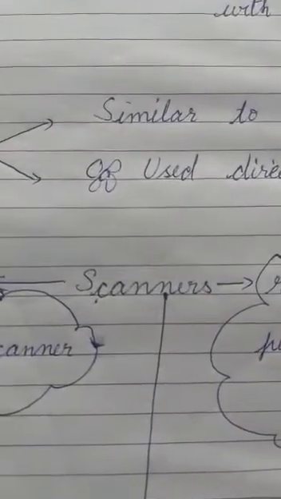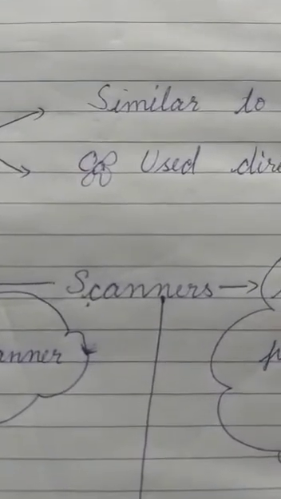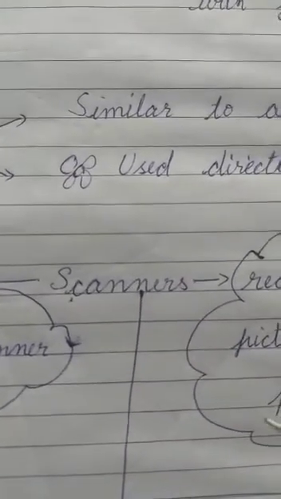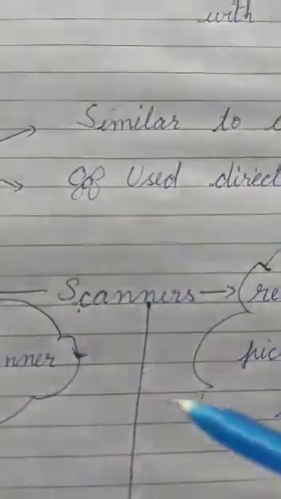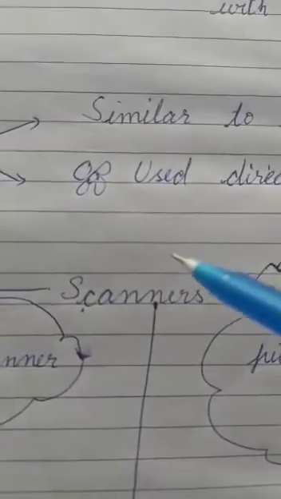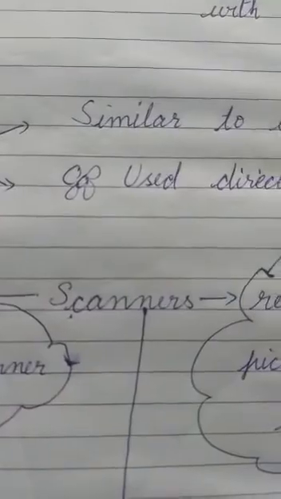Scanners, you must have seen Xerox machine, means from where you are getting the photocopies. Yes, so that machine, scanners are similar to that. They look like a Xerox machine, like this. Now can you see, this is the scanner, this is flatbed scanner. Okay, in flatbed scanner, this is a lid.